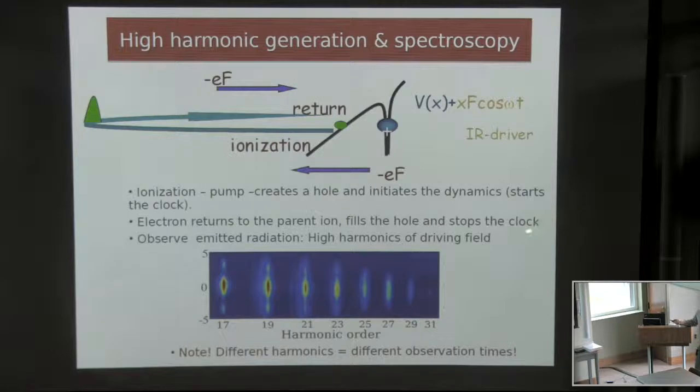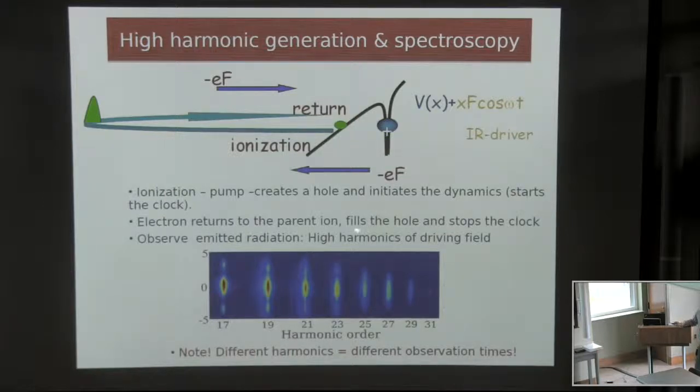And then, during the subsequent propagation in the laser field, this whole system keeps on evolving and accumulates more phases in the different channels.